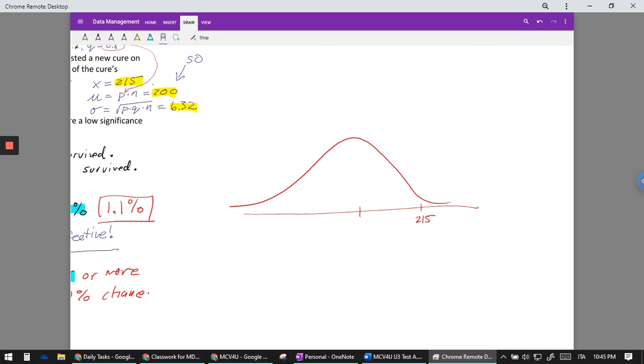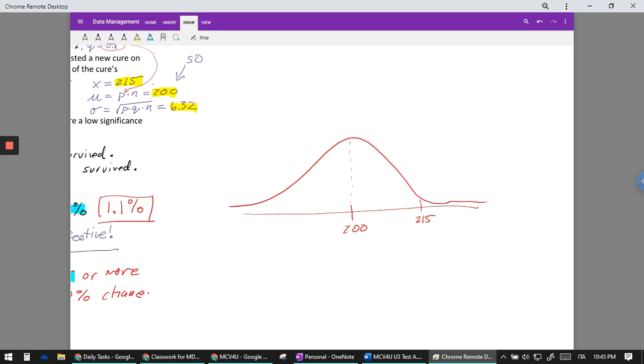Shoot. All right, always draw the curve first and the numbers later. I've learned that. Okay, so here's what we were expecting. We were expecting 200 pigs to survive, but in reality, 215 survived.